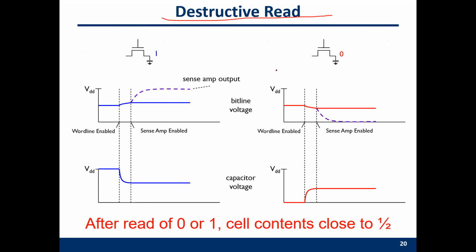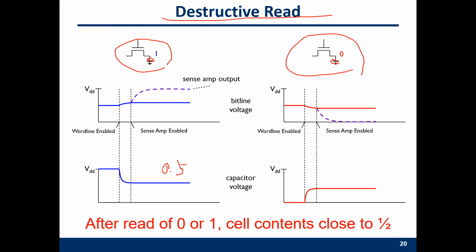The destructive read means that no matter whether your DRAM cell stores 1, which means the capacitor has some charge, or stores 0, which means the capacitor has nothing, after a read operation the voltage inside this capacitor is 0.5. Why?